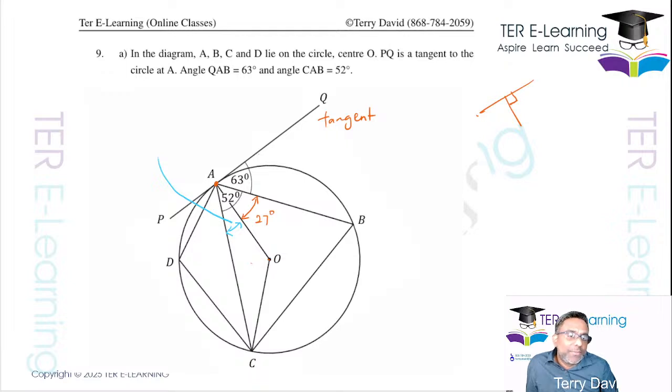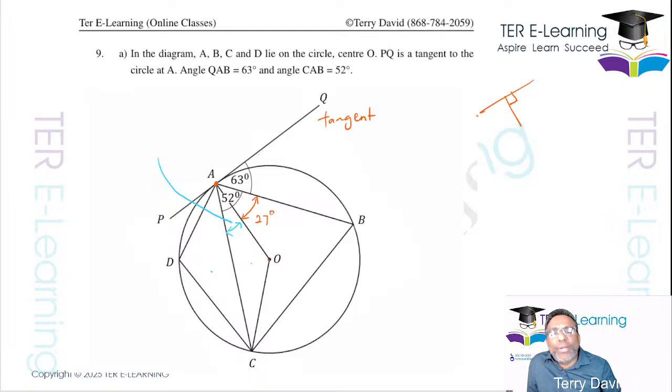Let me see if anybody can figure that out. I see people getting 25.